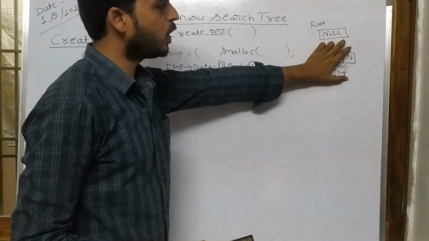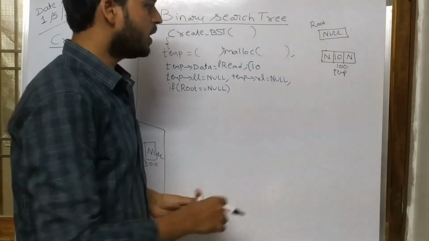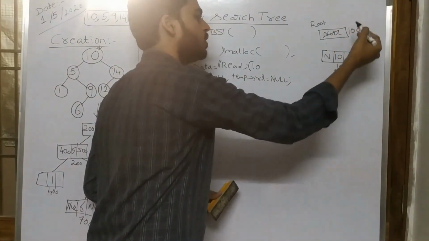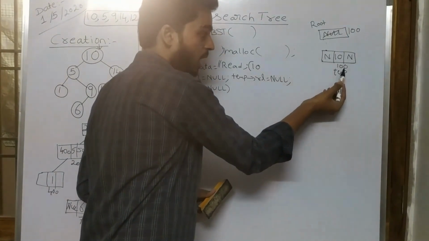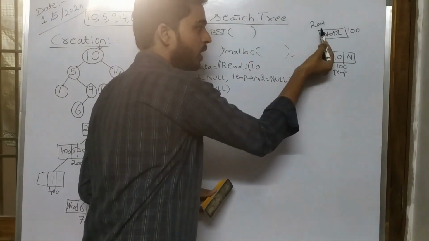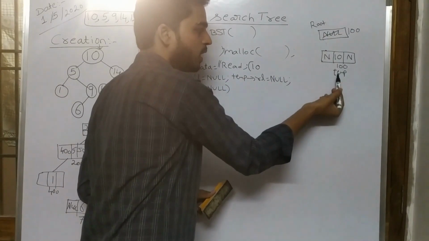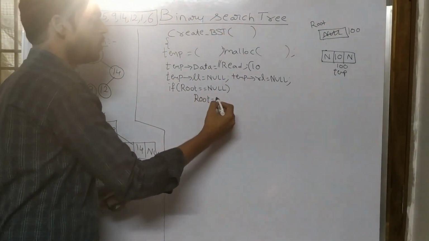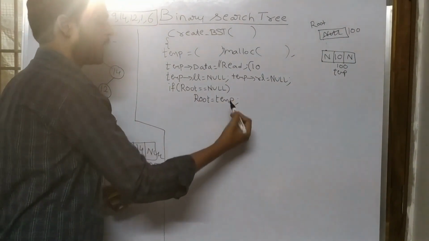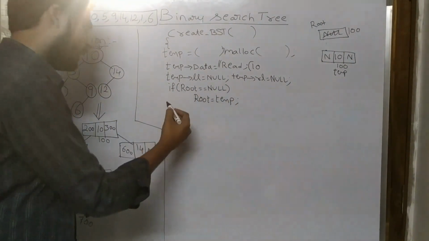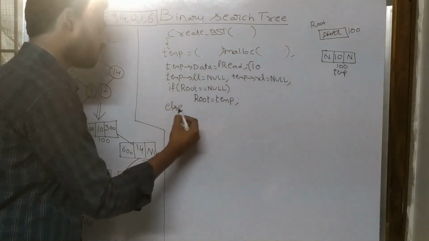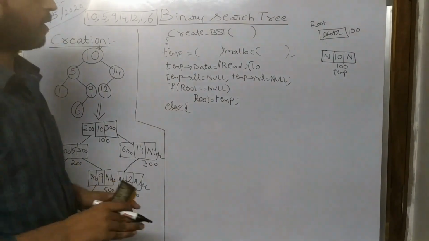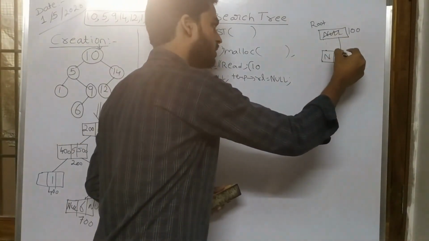When this is the first node, I need to make it the root node, so I need to make it 100. This address I need to copy into this memory location. This location's name is root, and this location's name is temp. So simply I can write root = temp. That's it. If it is a subsequent node, we need to change the logic. Meaning that it has connected like this.